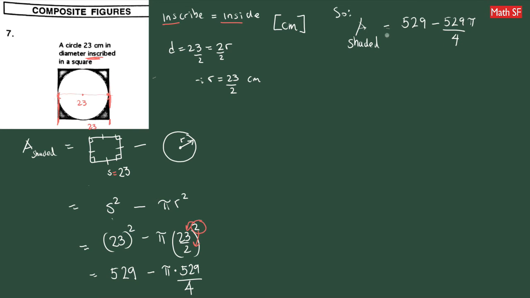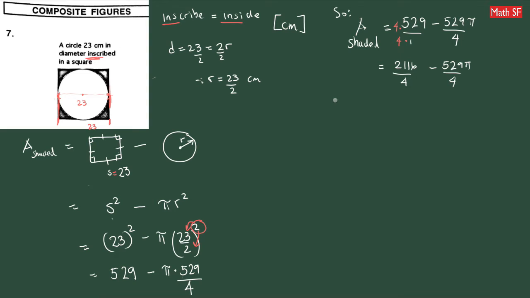But I want to simplify this. I want to put this all together. So what I'm going to do here, recall that this is over 1, times 4 top and bottom. Let's see what we're going to get. This 529 times 4 gives you 2,116 over 4 minus 529 pi over 4.